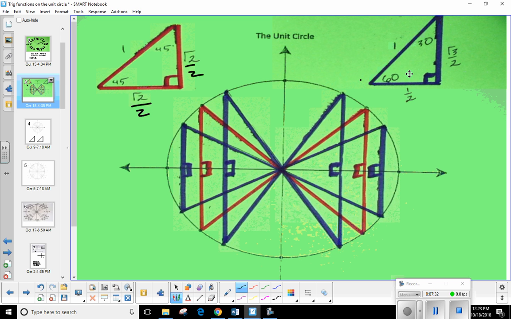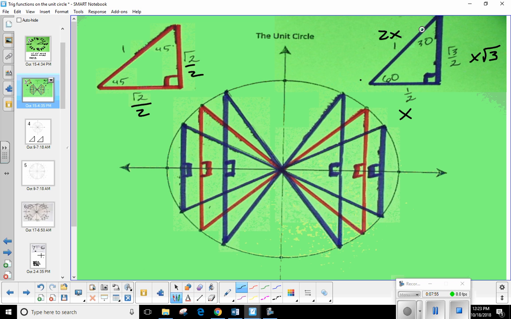Now, if anybody's curious why these values are showing up, remember the relationship that the sides have for a 30, 60, 90. Across from 30, we always call that x, right? Across from 60, we say that's x square root of 3, and then the hypotenuse is always double x. So you can kind of start to see where these values come from.